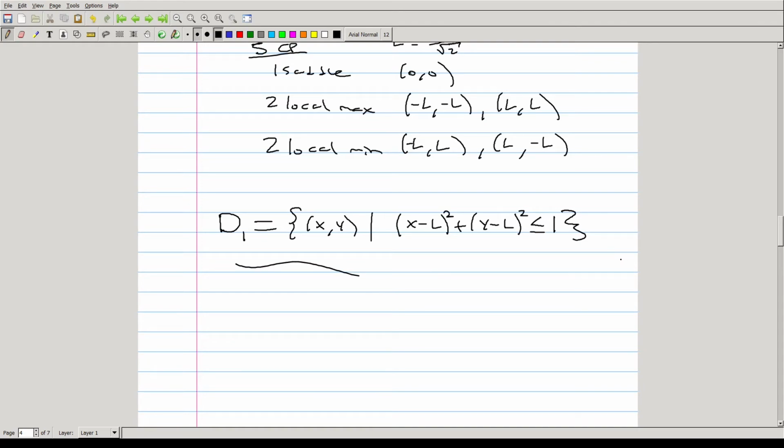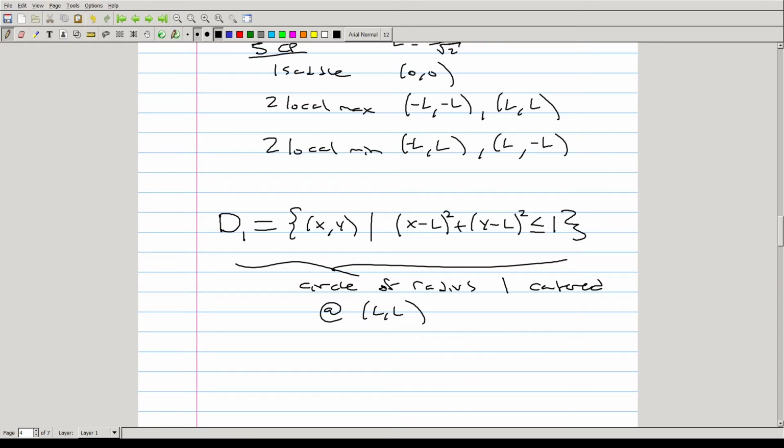Right, this is an optimization problem over the circle of radius 1 centered at the point L, comma L.